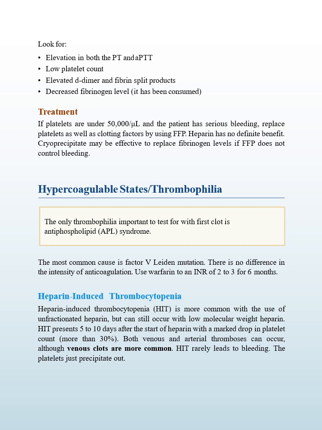If the platelets are under 50,000 and the patient is seriously bleeding, we need to replace the platelets as well as the clotting factors by using FFP. Heparin has no benefit. Cryoprecipitate may be effective to replace the fibrinogen level if the FFP does not control the bleeding.